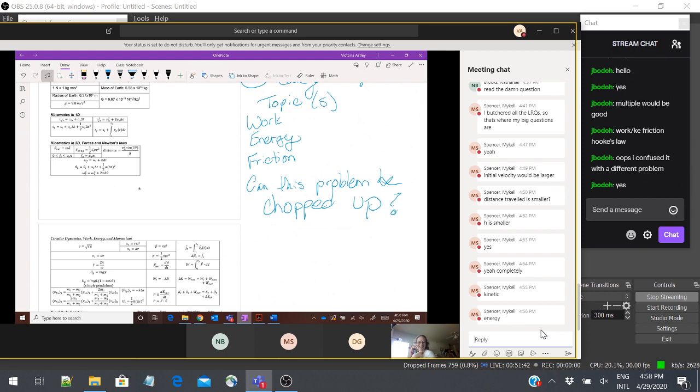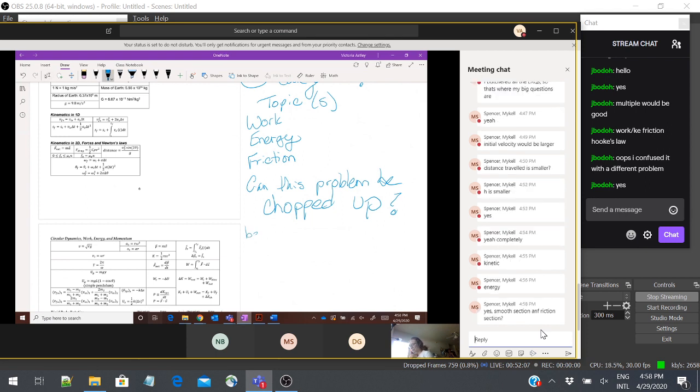Yes. I know I do tend to ask like 6 questions at once. So yes, it can be chopped up. Presumably, yes, it can be chopped up. Yeah, so I would divide it into a before ramp, ramp, and then friction sections, and think about them kind of separately.